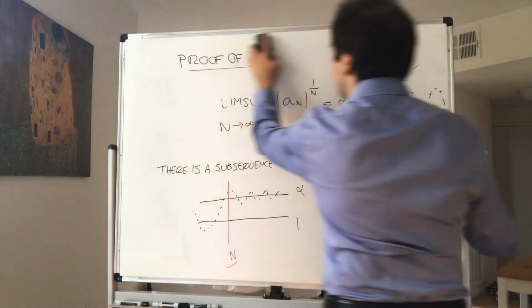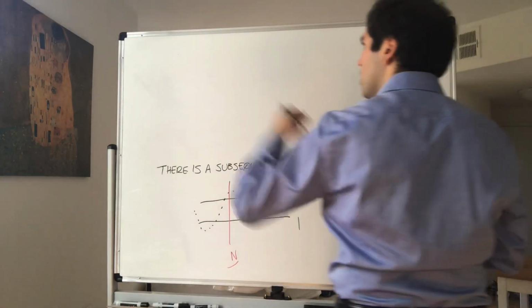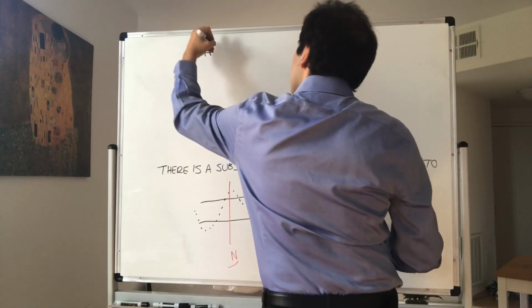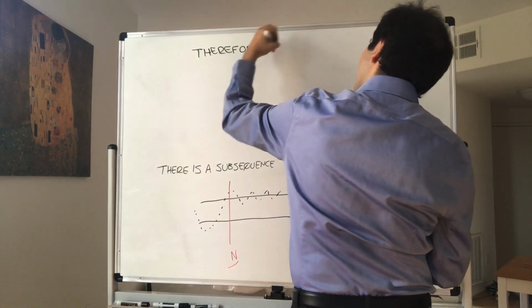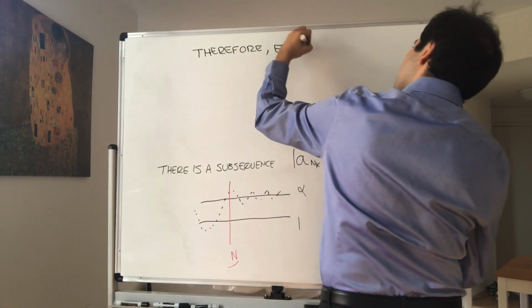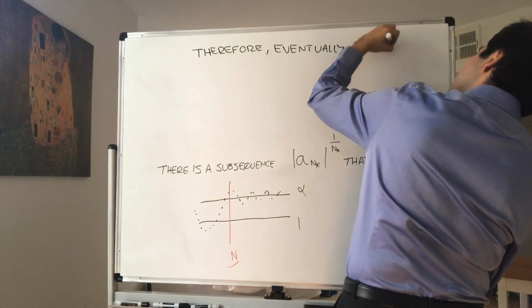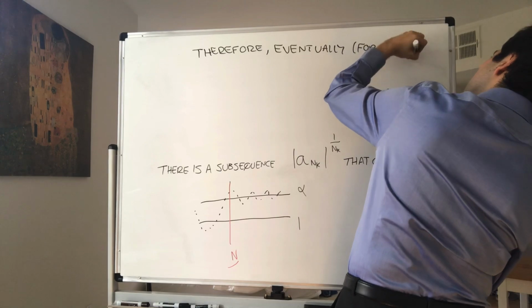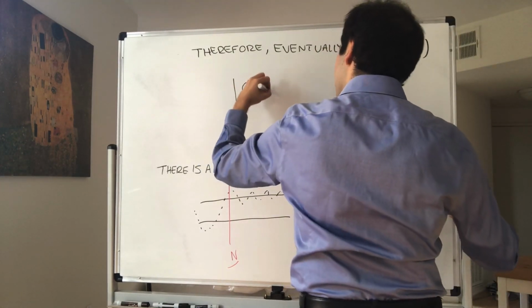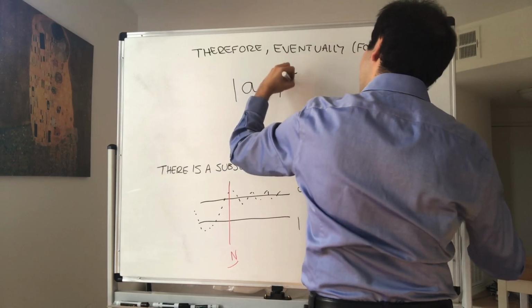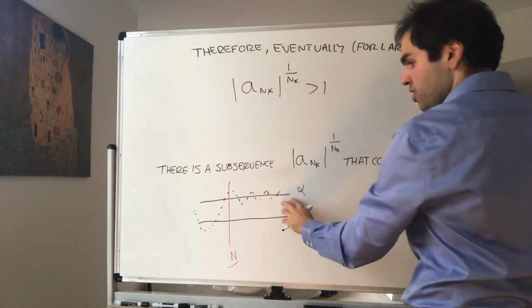Therefore, for large k, we actually get that a sub nk to the 1 over nk is bigger than 1, because it's close to alpha.